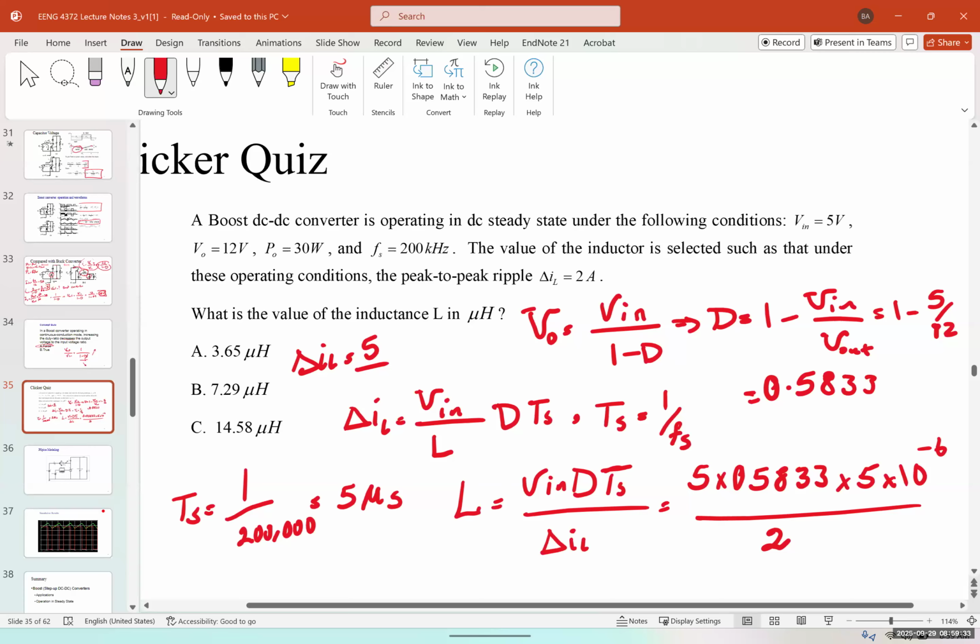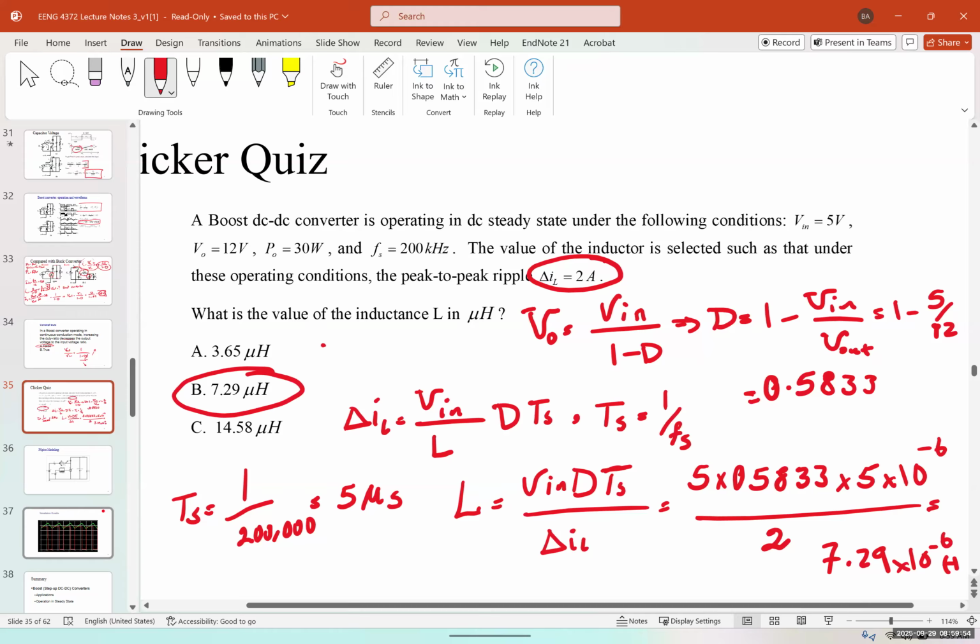I forgot to mention, we already have delta IL, 2 amps. So it's going to be over 2. This is equal to 7.29 times 10 to the power of -6. In other words, 7.29 microhenry.